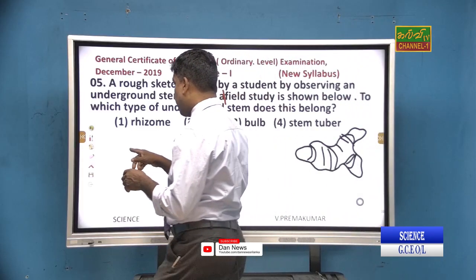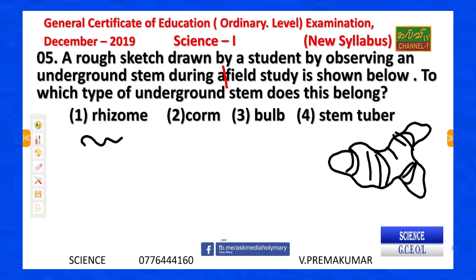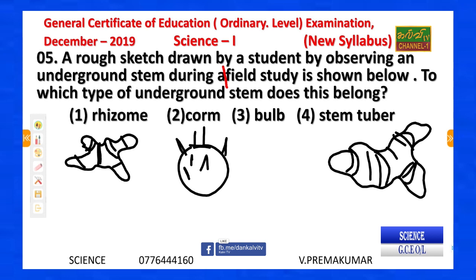For example, I am going to finish my class here. Rhizomes are like this, always growing mostly parallel to the land, parallel growth. Corm is like this one, like banana, plantain trees. Bulb, yes, onion. Onion is found like this.